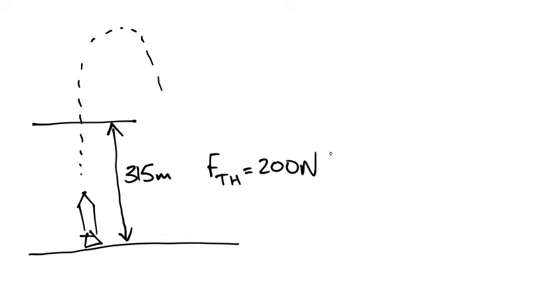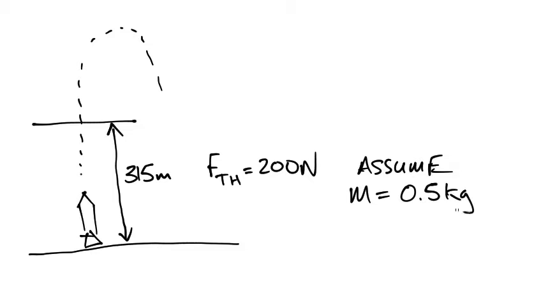Now, in order to make this problem simpler, we are going to assume that the mass of the rocket is 500 grams or 0.5 kilos, and that this mass is constant.